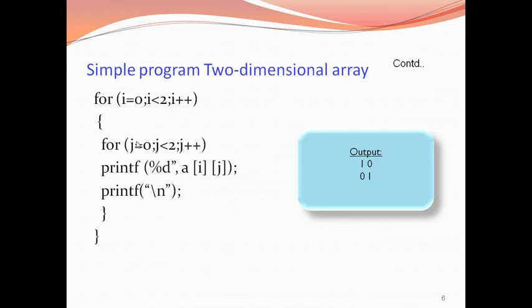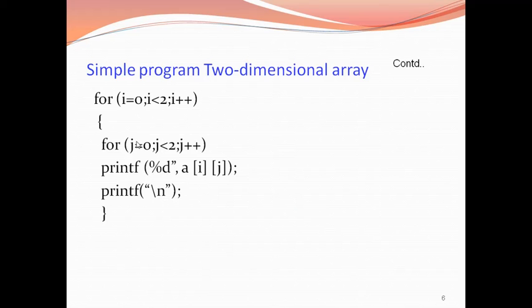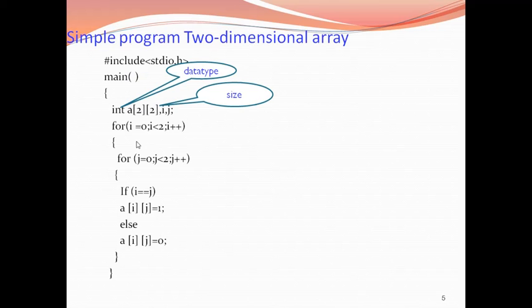To print an identity matrix, we use this code. If you observe the logic, in the inner for loop, if i equals j, whenever the i value and j value are equal, then we initialize the a[i][j] element to 1.